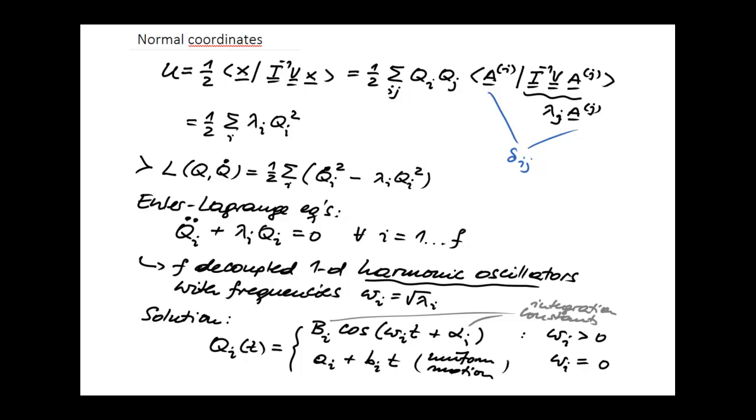We went from the xi to the capital Qi, to the normal coordinates. And these have the advantage that the Lagrange function becomes extremely simple, and the equations of motion for the capital Qi's, for the normal coordinates, are simply f decoupled harmonic oscillators. And then we can immediately write down the solution.